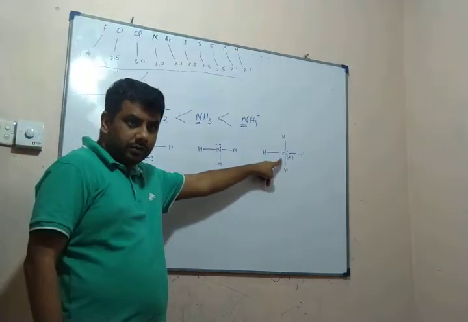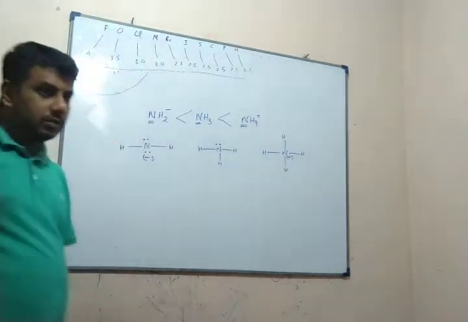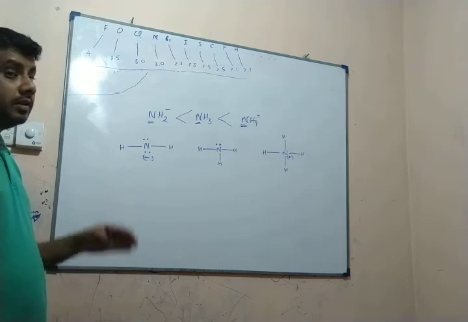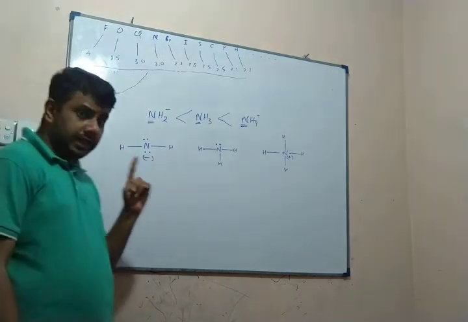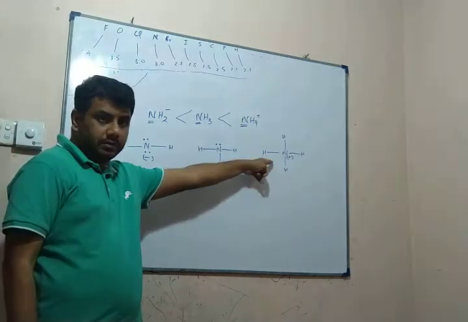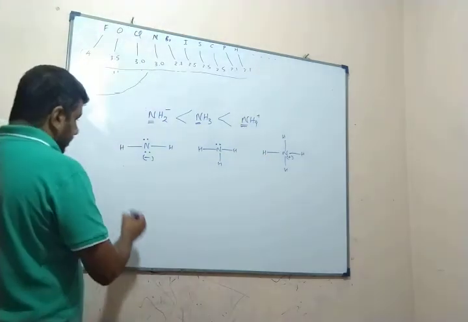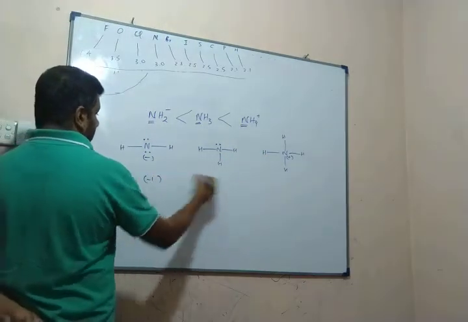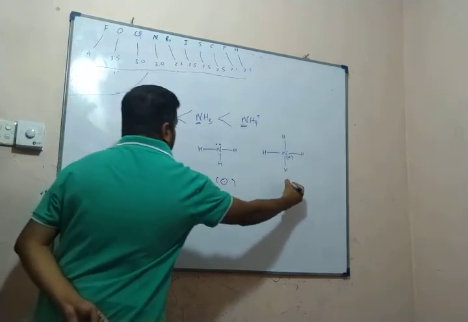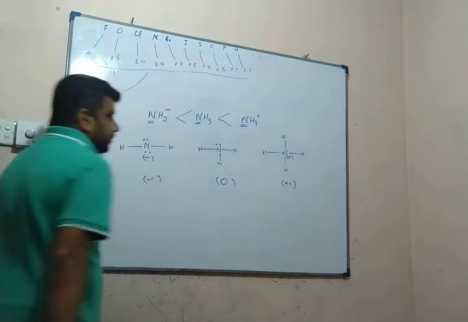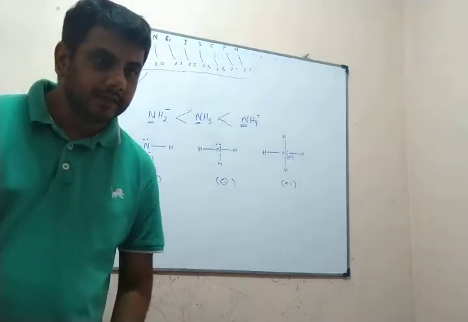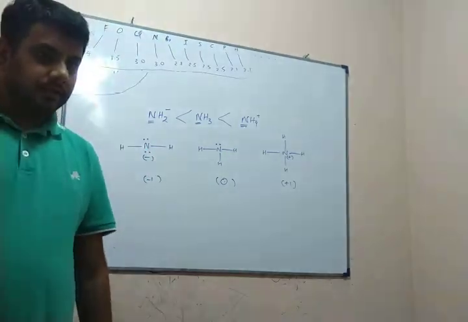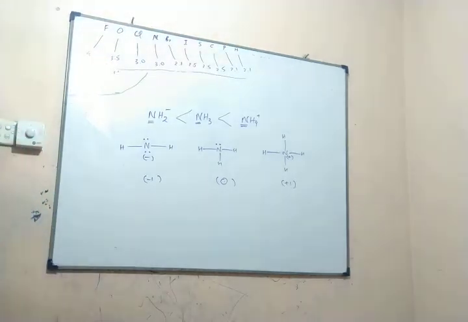Charge on this nitrogen? Plus 1. So which nitrogen is most electronegative? This nitrogen. Minus 1 charge here, 0 here, plus 1 here. Yes, note this.